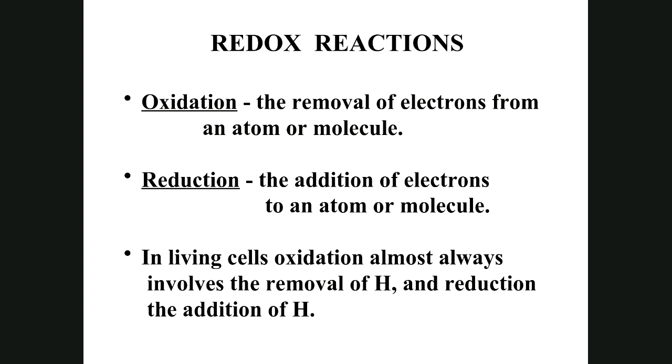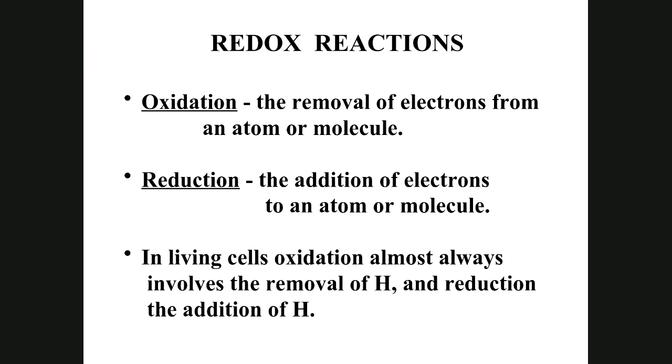Remember chlorine accepted an electron. Chlorine got reduced. So while sodium lost an electron and got oxidized, it made a cation, Na+. Chlorine was reduced when it gained an electron, and it made a negative ion called an anion, Cl-.